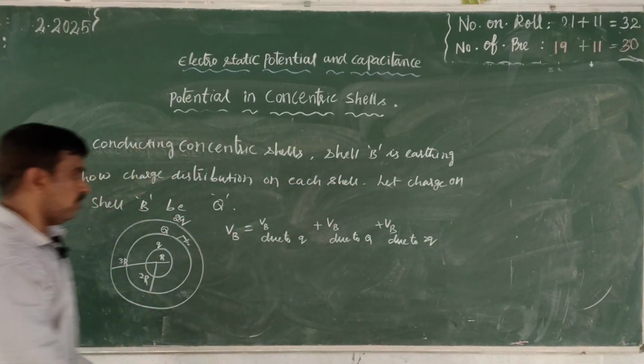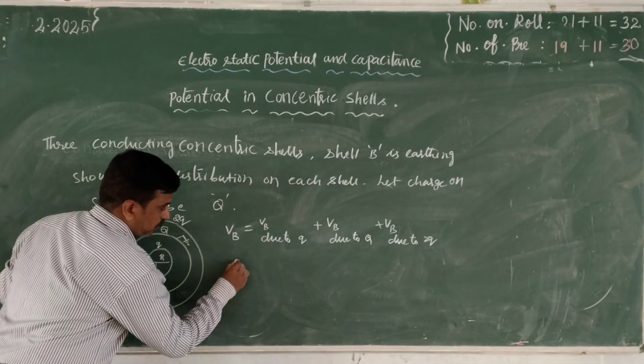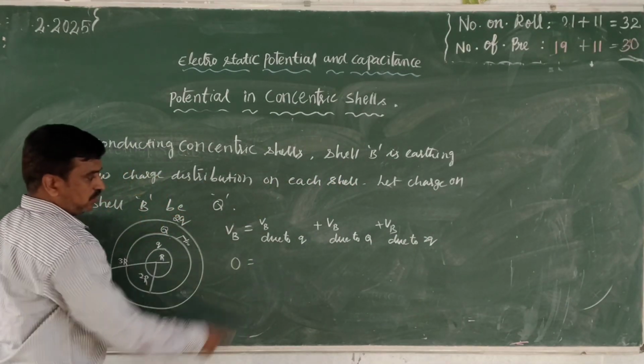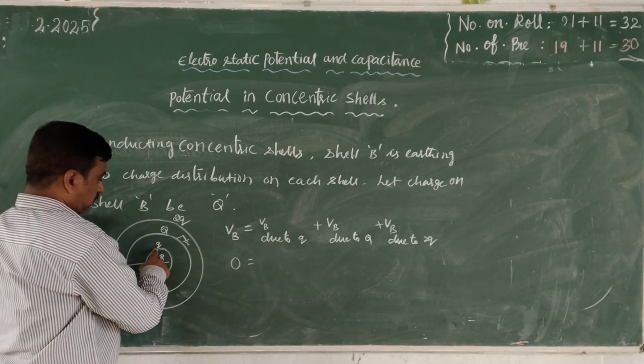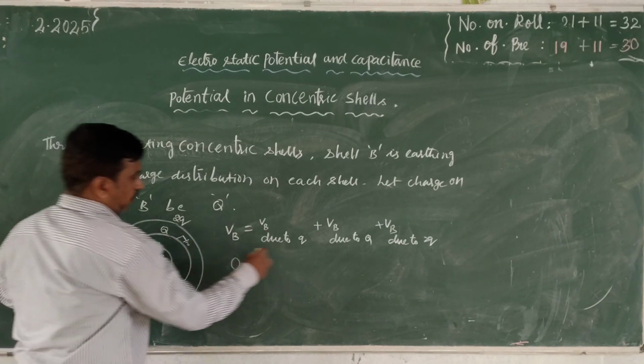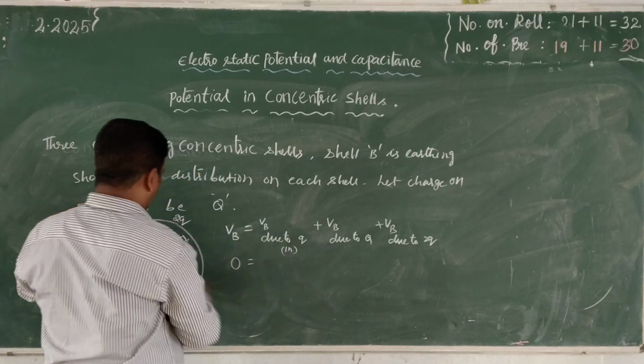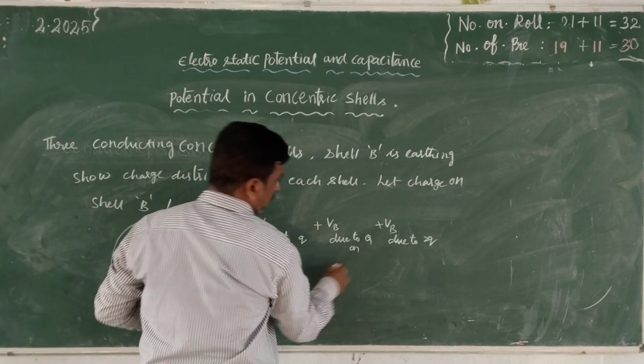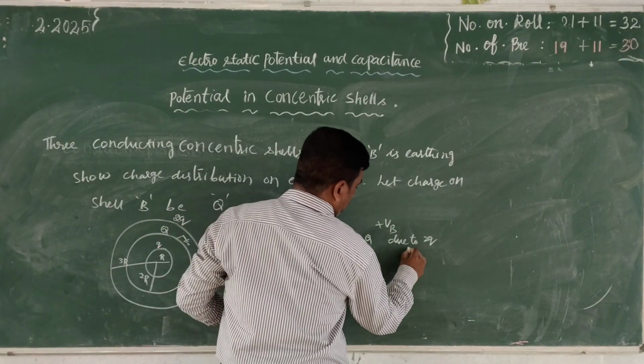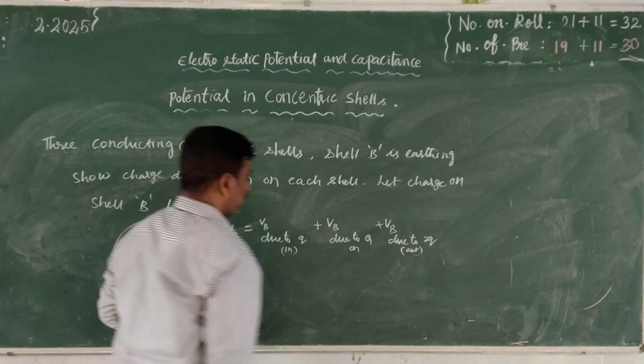Due to q it is an inside point, due to capital Q it is on the surface, and due to 2q it is an outside point.